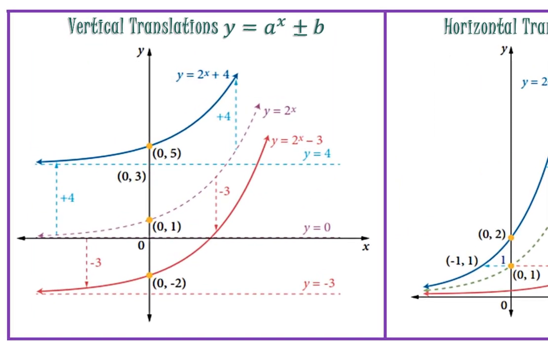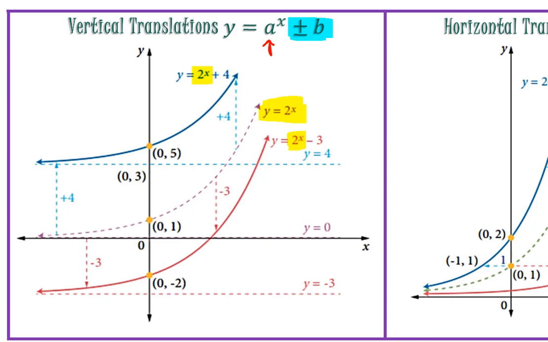So as I've already talked about vertical translations, this should make sense. First of all, we're looking at the plus or minus b. Note, we're going to keep that dilation factor, that a value, constant. Now, our standard graph is y equals 2 to the power of x. So that's the graph we're going to translate, and you'll notice our translated graphs all have that 2 to the power of x in them.